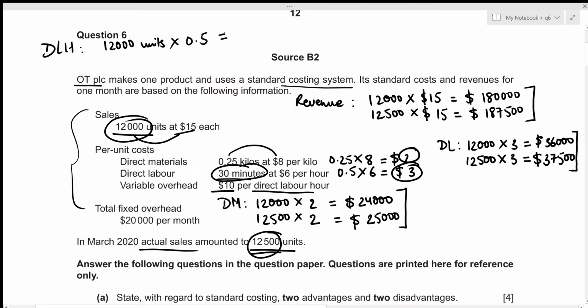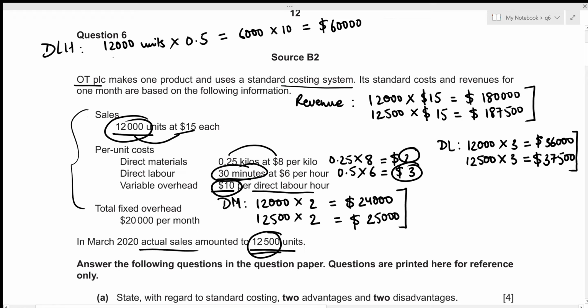So this gives the direct labor hour per 12,000 units to be 12,000 times 0.5, which results in 6,000. And then the variable overhead would be 10 per direct labor hour. And since we have 6,000 direct labor hours, that's just going to be 6,000 times 10, which results in the value of 60,000. So this is the variable overhead for our master budget.